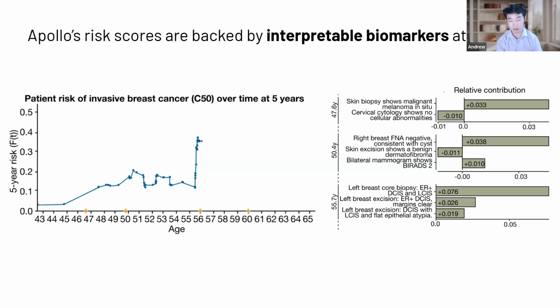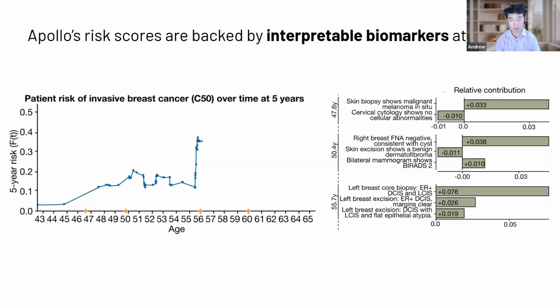So we see a really big jump when we see a left breast core biopsy with ductal carcinoma in situ and lobular carcinoma in situ. Now this makes sense because technically it's a carcinoma. It's still in situ, not invasive yet, but obviously it can progress to invasive.